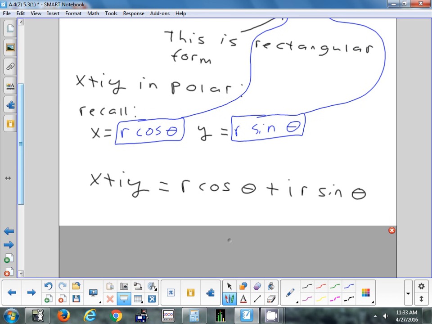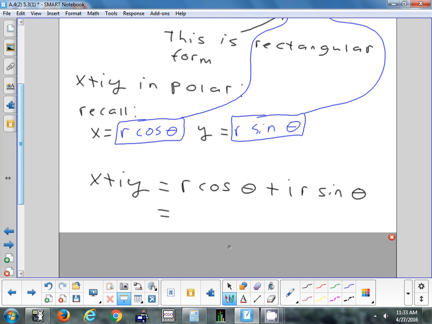Okay, and what do both of these terms have in common in front of the trig function? What letter? Yep, they both have an r in common. So whenever two things have something in common, we can do the reverse of the distributive property and pull it back out. So I'm going to write r parentheses cosine theta plus, what would be left in the second part if I take the r out?